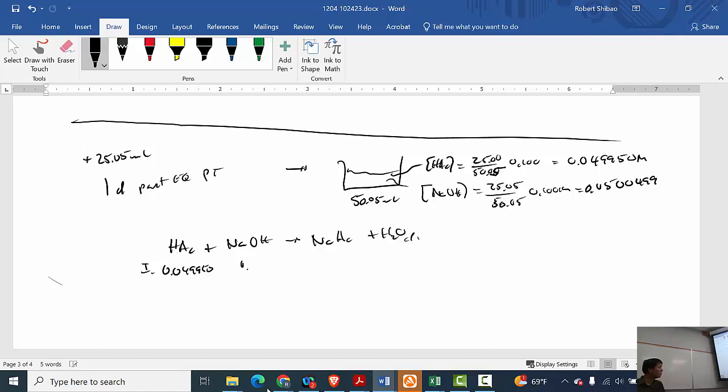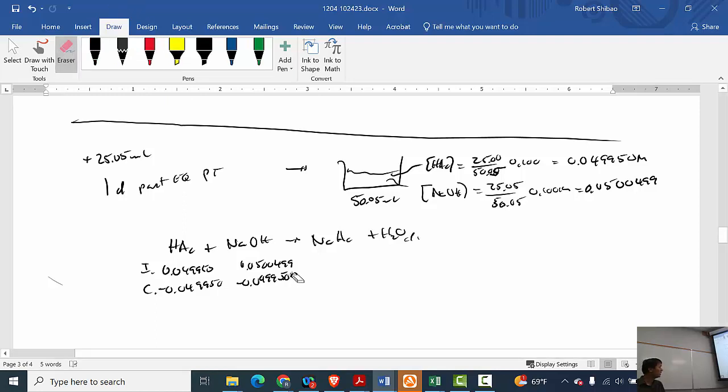This is the excess strong base region. Okay, the limiting reagent is going to be the acid, so we're going to lose all that. This repeats, so I need to change that to a 5, I think.